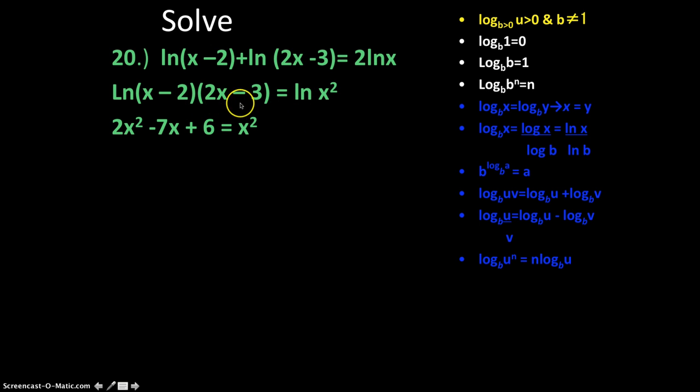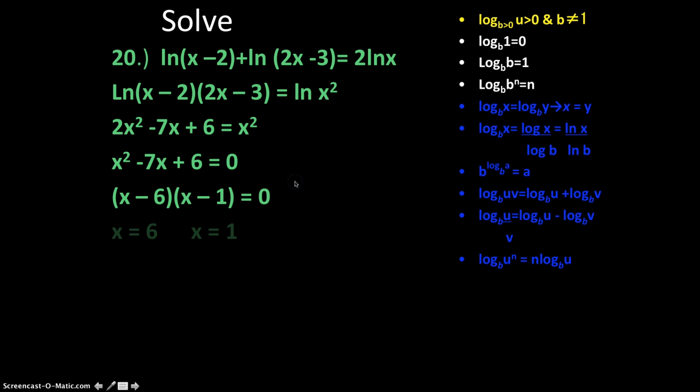I FOILed this out, multiplied this out, combined like terms, and it factors. And when it factors, these factors are set equal to 0 by the zero product theorem, and our solutions are 6 and negative 1.